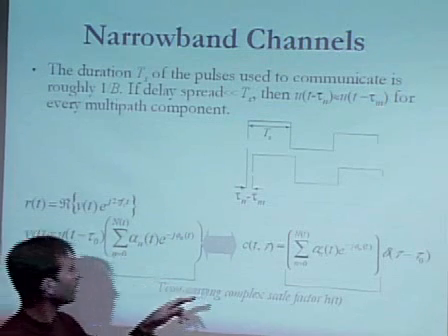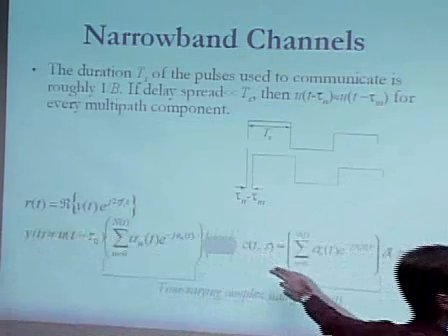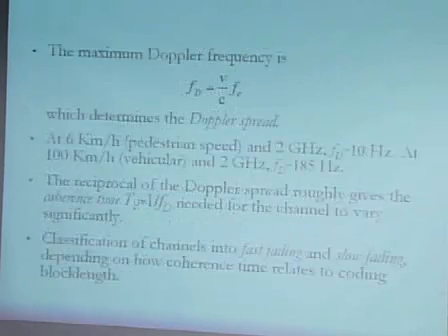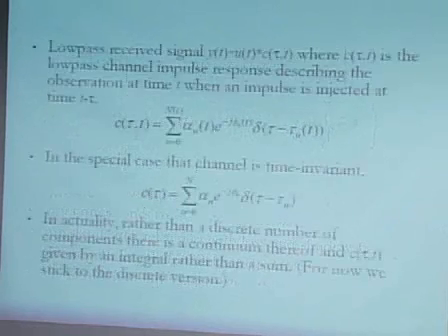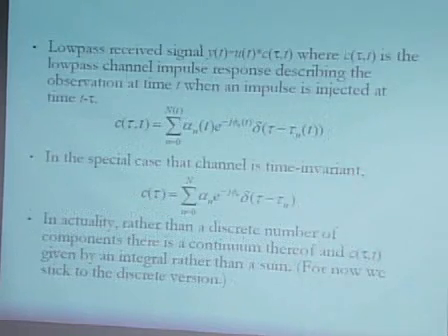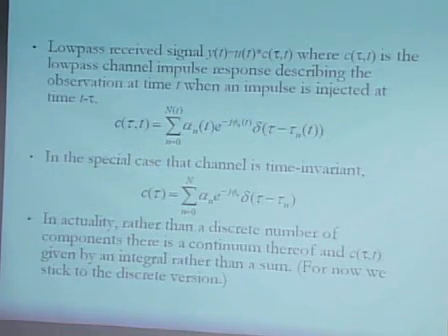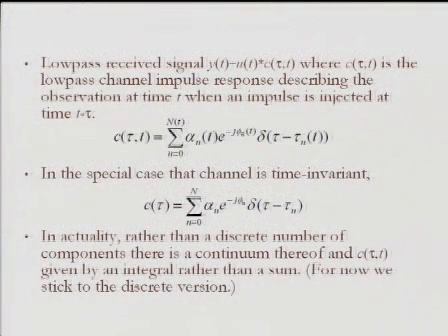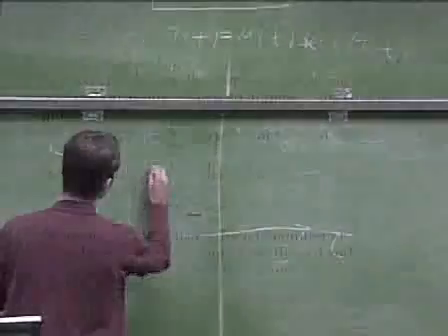So an equivalent way to see this is looking at the impulse response. And again, we can just take the expression we have for the impulse response here. Remember? Let me go to the picture, see if I can help out. So when the channel is narrowband, what we're saying is that all these impulses here are very close to each other.